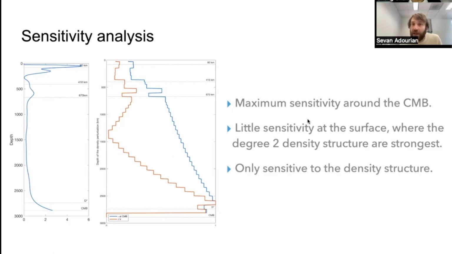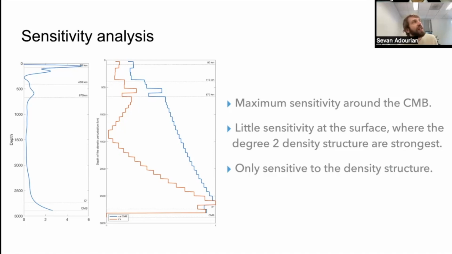And it has little sensitivity at the surface, as you can see here, and it has maximum sensitivity around the core mantle boundary, which is very good for our case because this is exactly what we want. We want to focus on the structure at the deep mantle, so we want something that is very sensitive to the deep mantle. And another advantage of this is that it's only sensitive to the density structure.